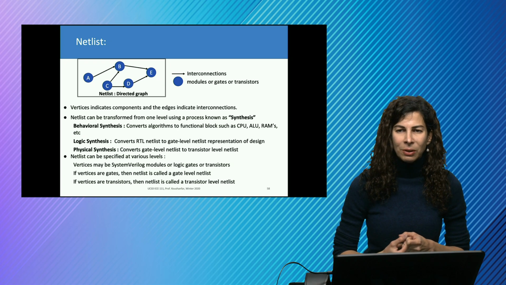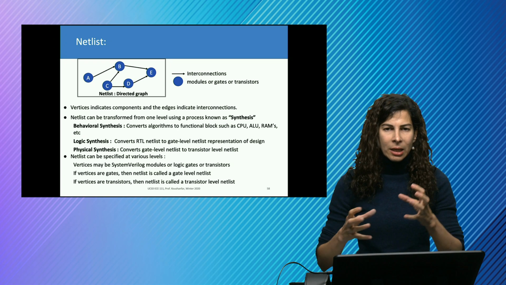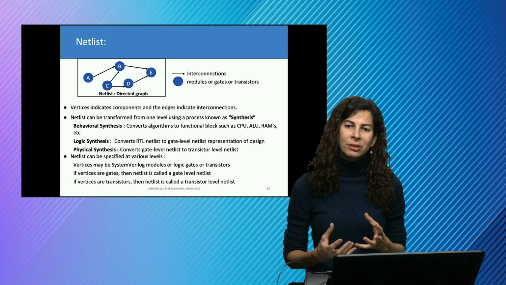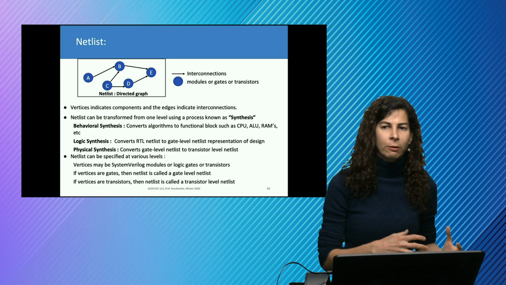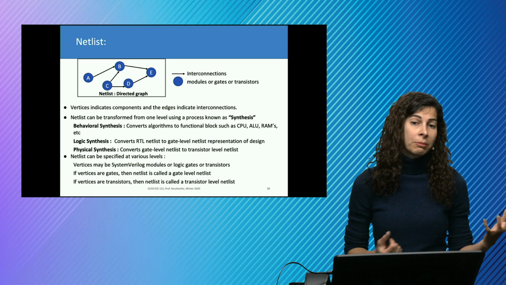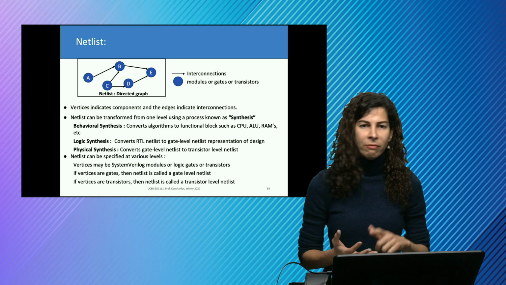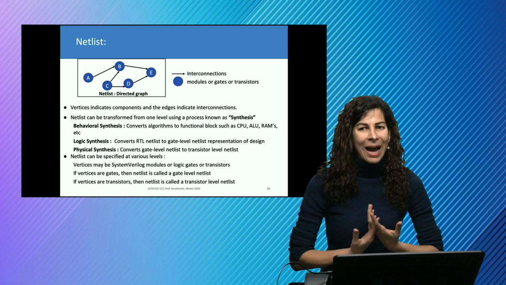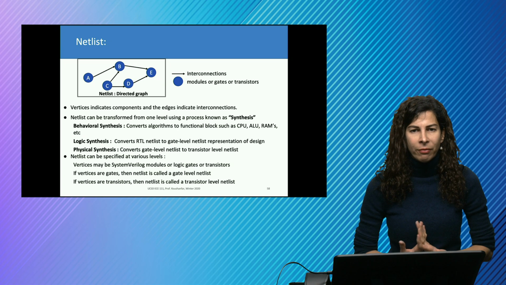In logic synthesis, we translate this into a gate-level netlist representation of the design. And then physical design goes one level further, because logic synthesis can give us logic that you could implement with any fabric, with PLA, with FPGA, with ASIC. The physical design is the actual physical implementation of this.